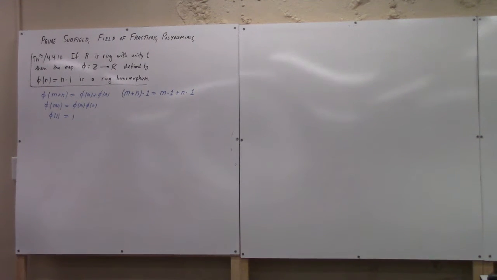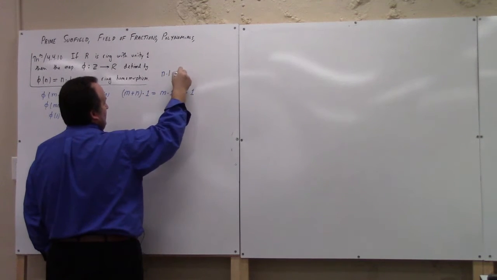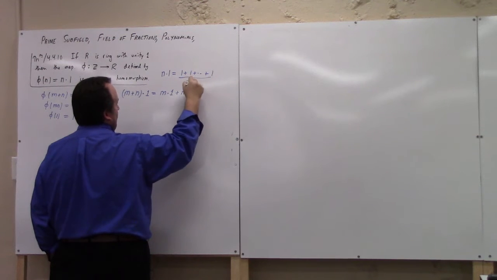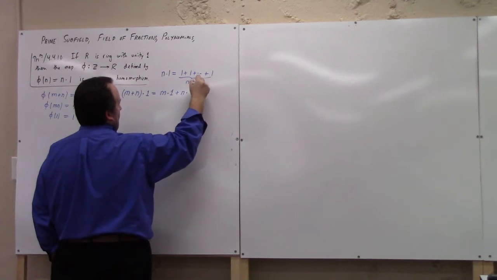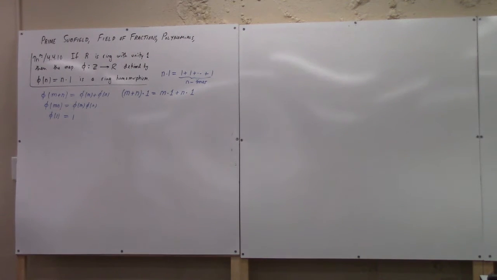Here, n times 1 means 1 added to itself n-fold times. Right, n times 1 means 1 plus 1, n times. You could define that more precisely by a recursive definition, but I don't want to get into all that.